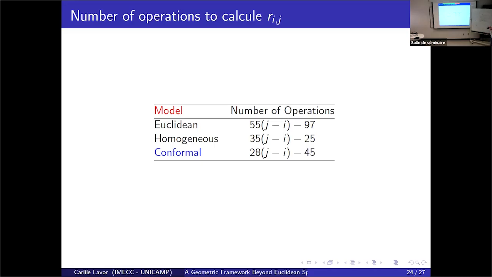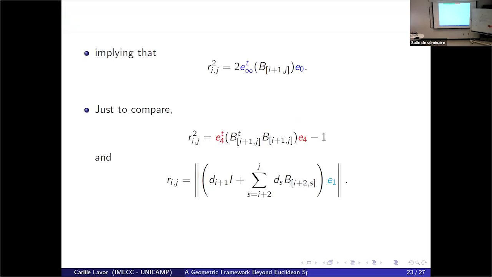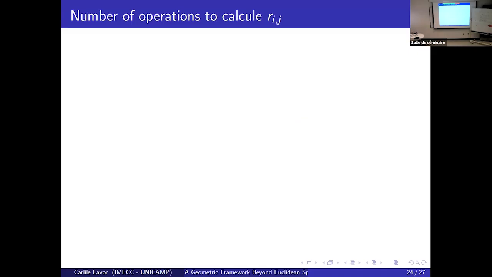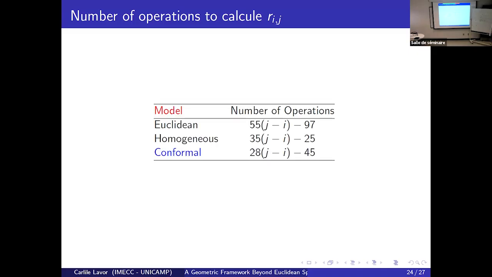So in addition to the fact that this expression is much more beautiful in mathematics, you know, beauty is important, this expression is more efficient than the other two representations of the 3D space. So I see that it depends on J, the difference between J and I.